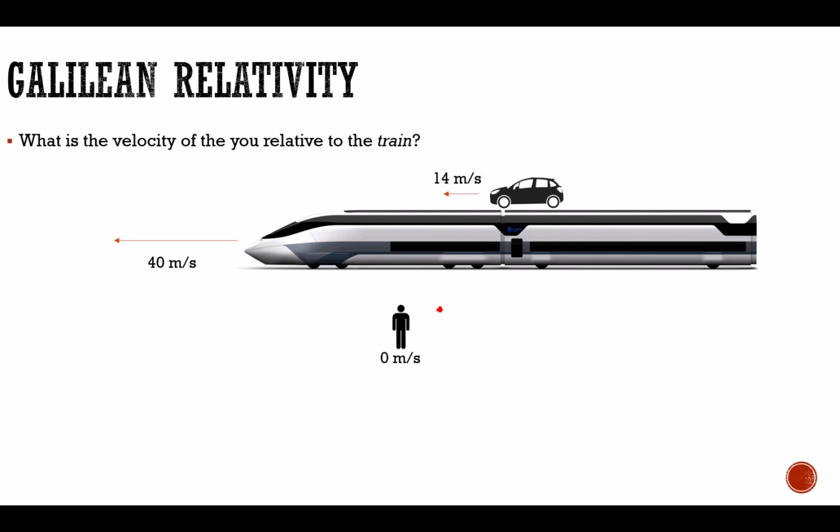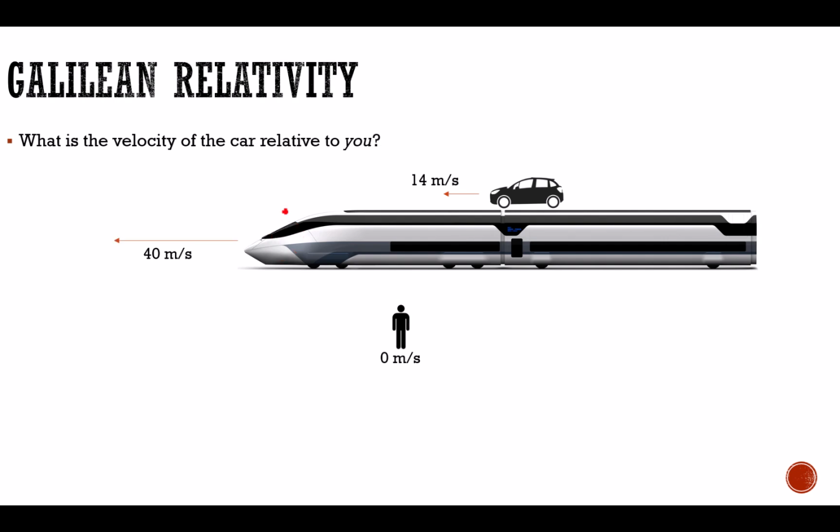Now, hopefully you would agree that the velocity of you relative to the train is 40 meters per second, but to the right. Imagine you were in this train seat and there was some other person standing here. As you move past in your train, that person would whiz behind you. So they're going in a sense the opposite direction to you.